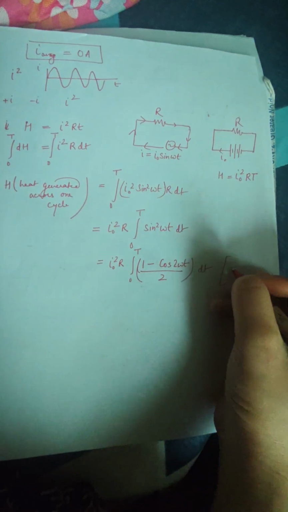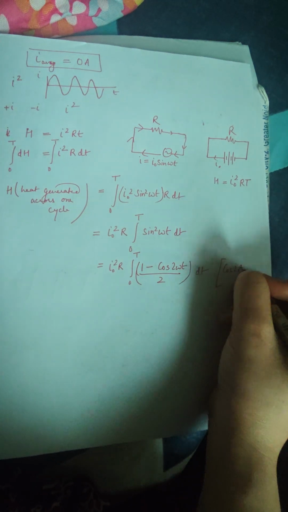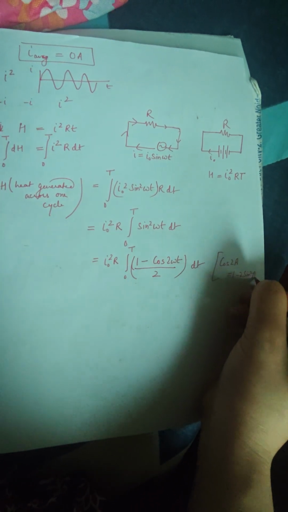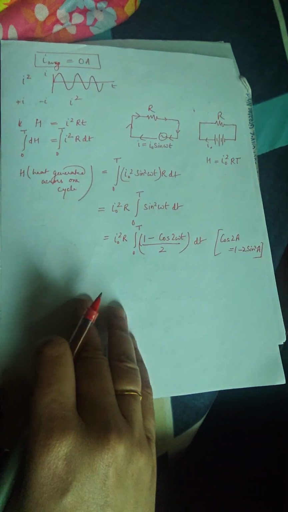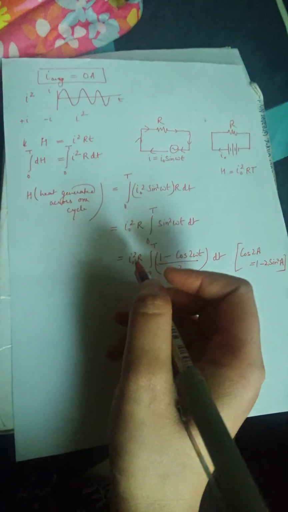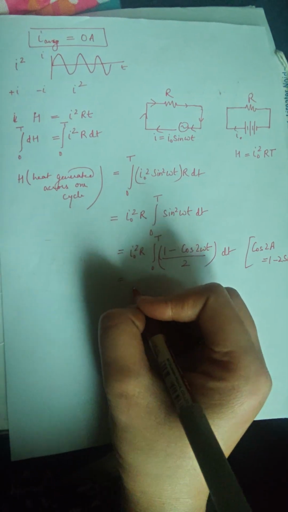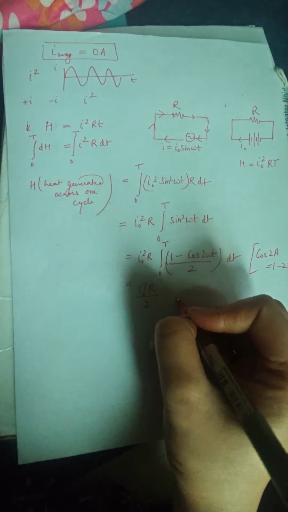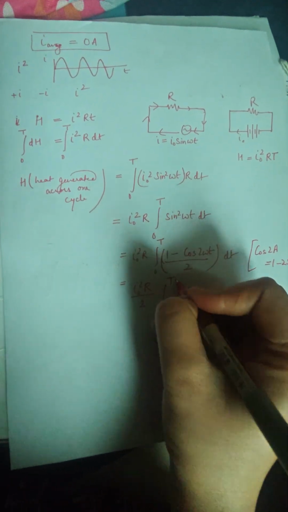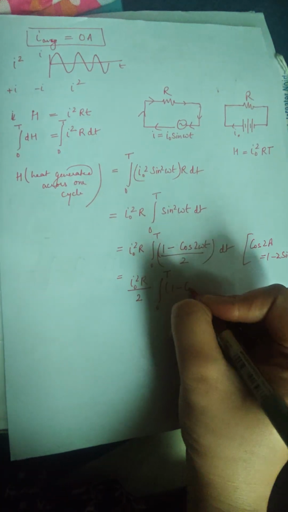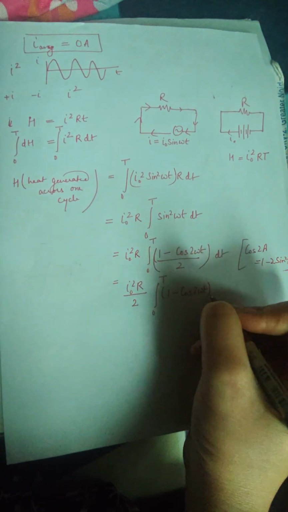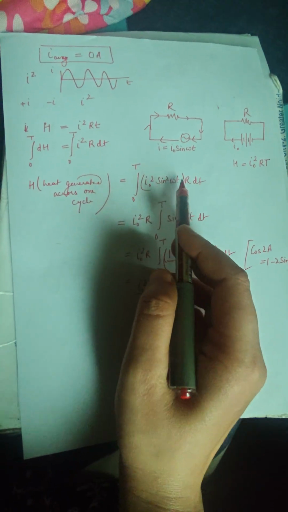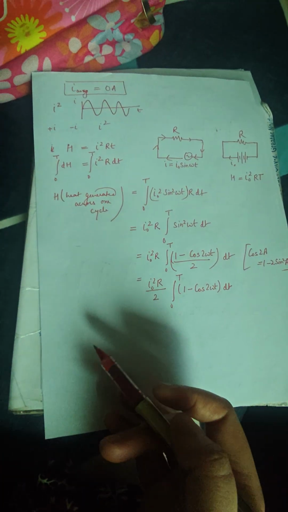Yes, because there is this identity called cos 2A is equal to 1 minus 2 sine square A. So I'm using this identity. Now I naught square R can stay out, and 2 can also be brought out, and I have these two terms in my integral. So let's do the integration. You can always write this omega t as omega t plus phi for any generalized case.